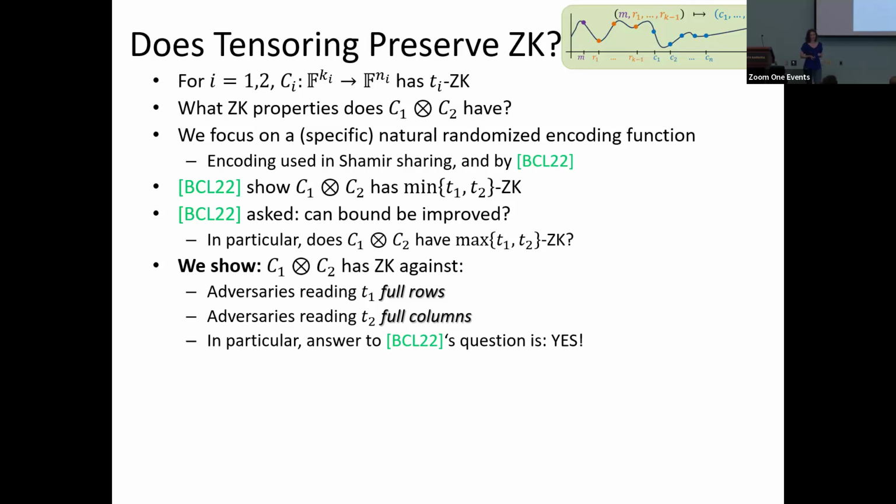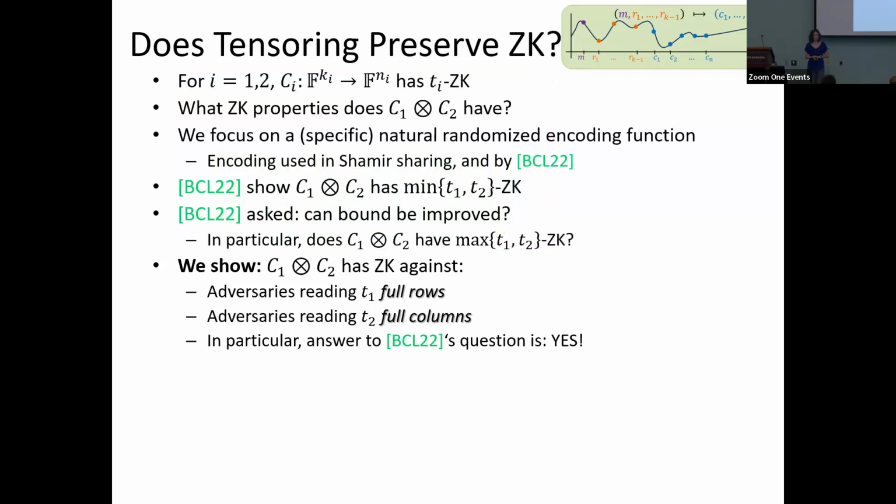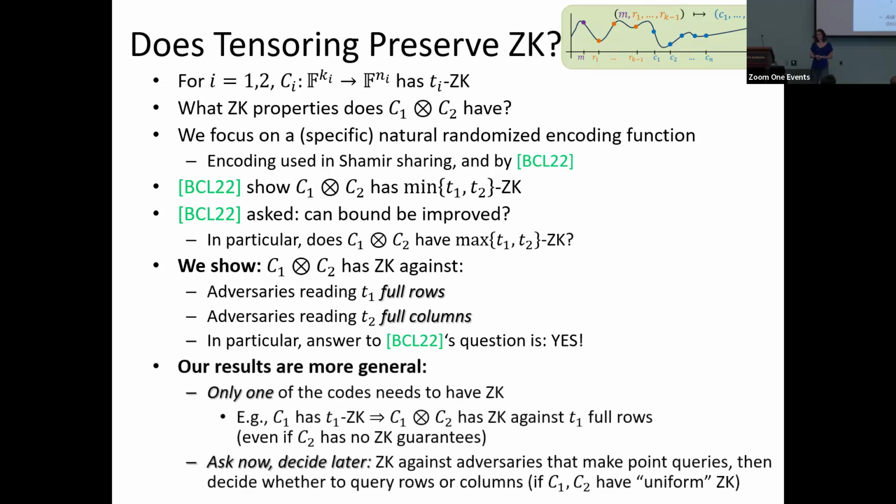And if you ask yourself, why do I care about these rows and columns? Well, this is what we'll need in the ZKIOP construction. But more generally, this is what we care about. Again, think of bivariate Shamir. The secret shares are rows and columns of this tensor product. And actually, our results are even more general than this, and you can look at the paper to find out.